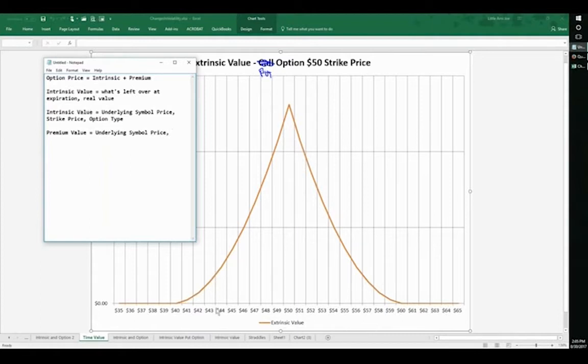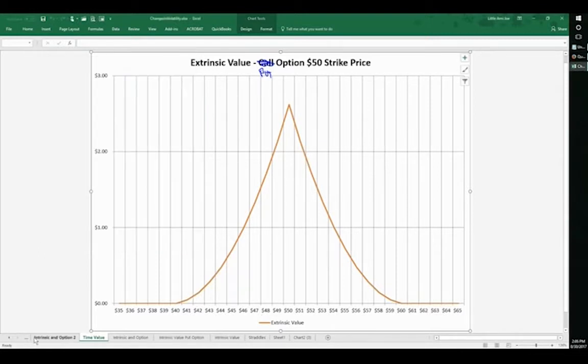The premium value is also a function of how long we have until the thing expires.